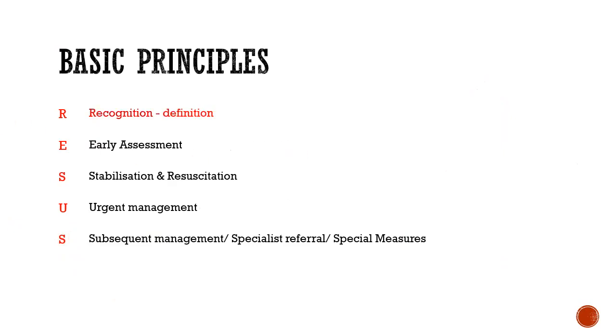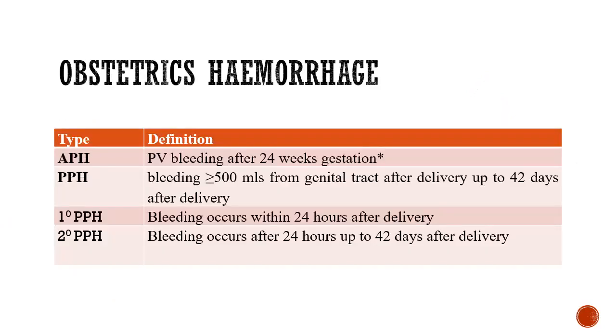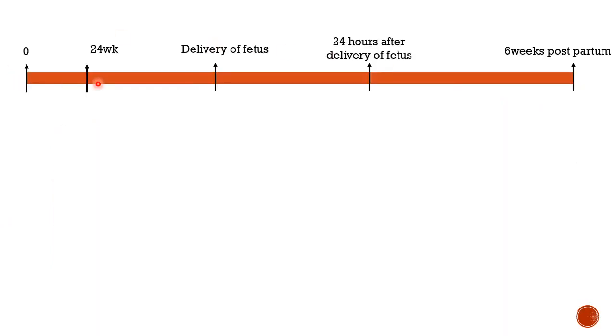First, we're going to talk about recognition, where you need to know the definitions of different hemorrhages. This is quite a wordy slide, so I'll go straight to the next slide. Look at this timeline: from not pregnant, to pregnant until 24 weeks, until delivery of the fetus, 24 hours after delivery of the fetus, and 6 weeks postpartum.